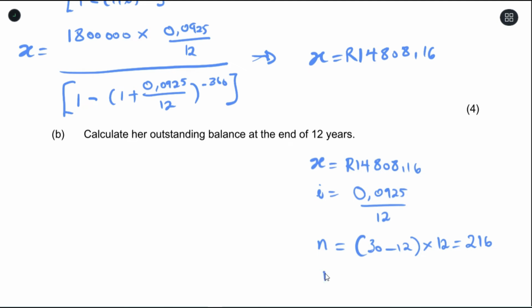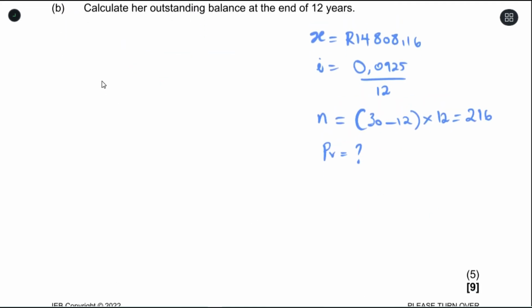And we are trying to find the present value of what that would be, okay? So using our present value formula, we can just substitute each of those values in there.